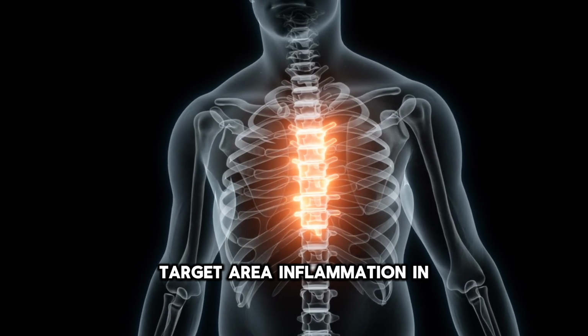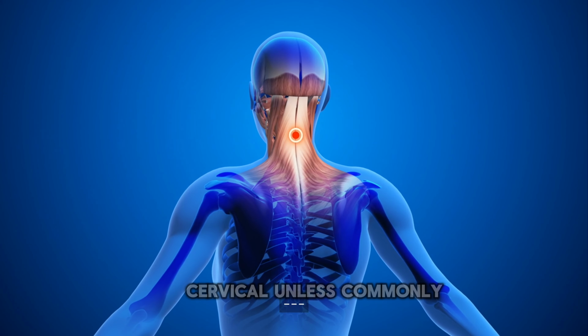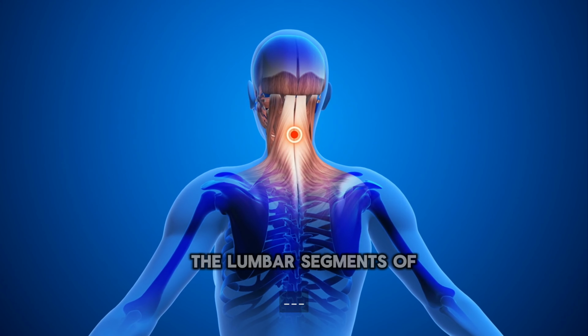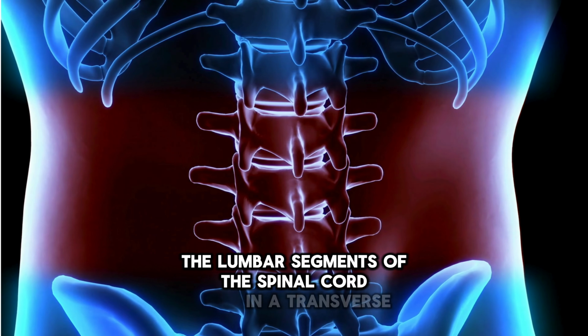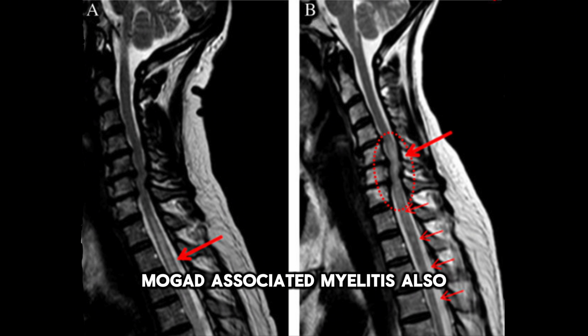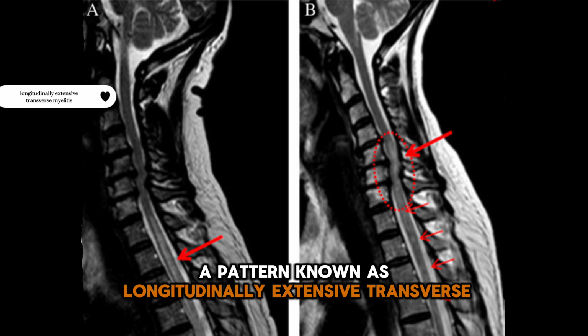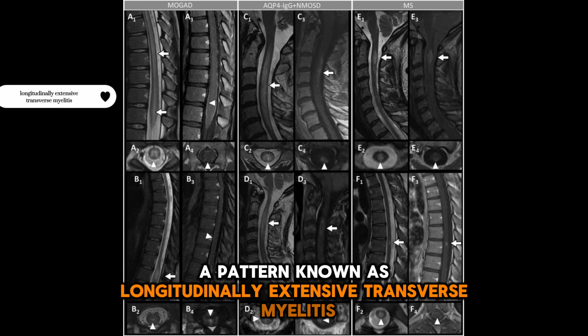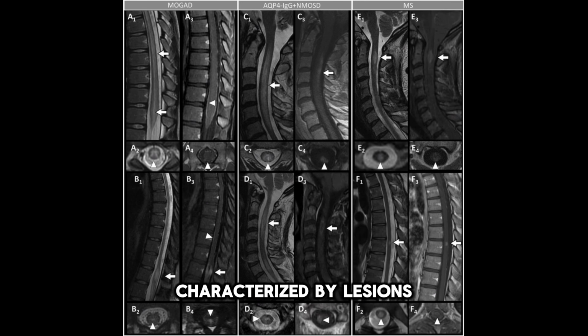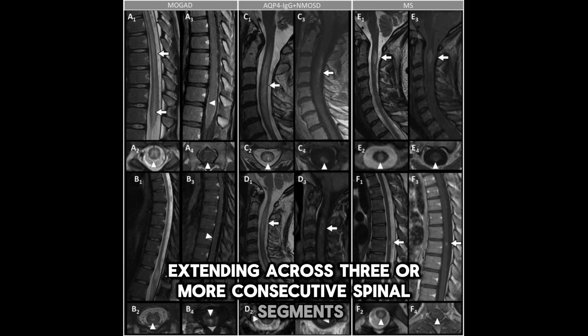Target area: inflammation in MOGAD typically involves the thoracic, cervical, and less commonly, the lumbar segments of the spinal cord in a transverse pattern. However, MOGAD-associated myelitis also frequently spreads longitudinally, a pattern known as longitudinally extensive transverse myelitis, characterized by lesions extending across 3 or more consecutive spinal segments.